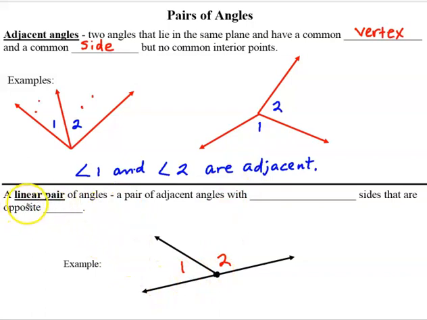And then we have a linear pair of angles. A pair of adjacent angles with non-common sides that are opposite rays. That's talking about these two sides right here. So you'll be able to identify what is known as a linear pair because you're going to see a pair of opposite rays.